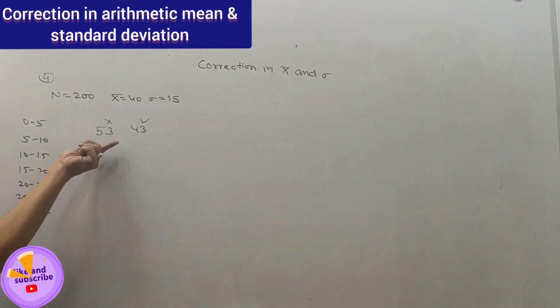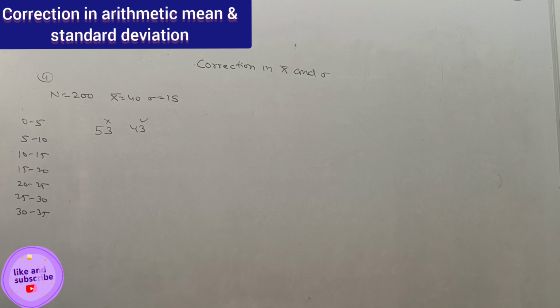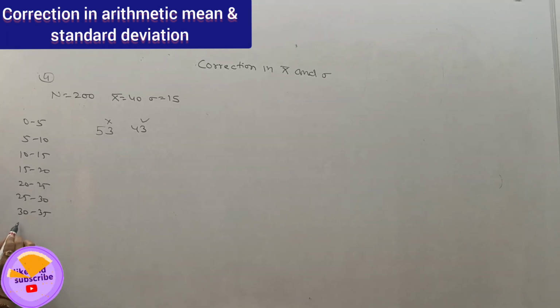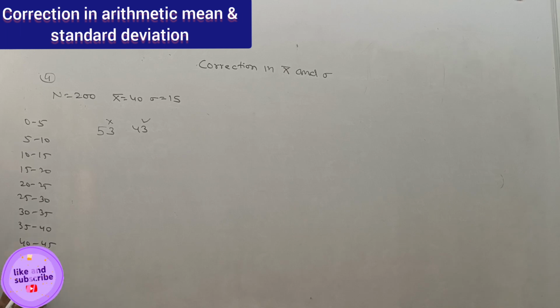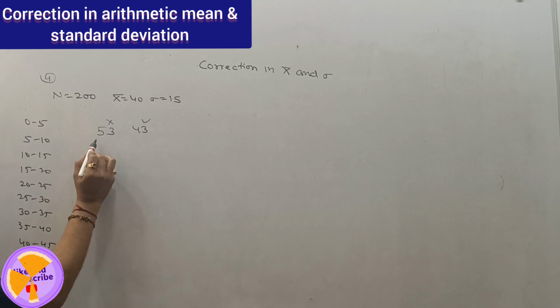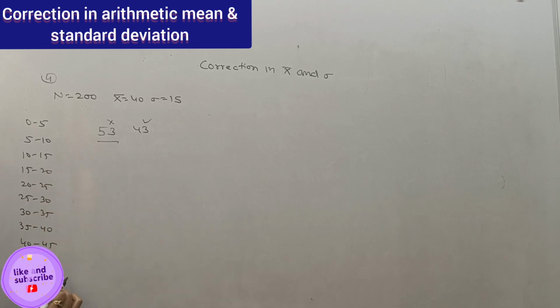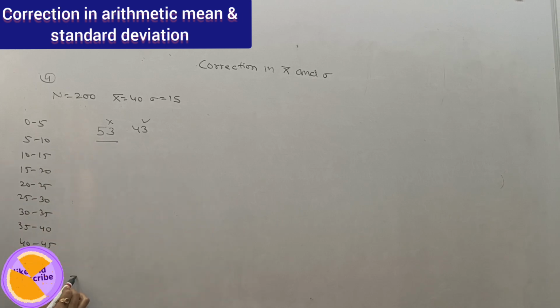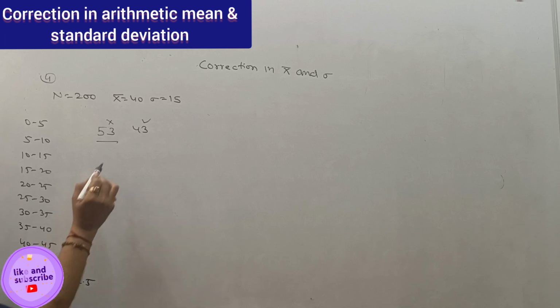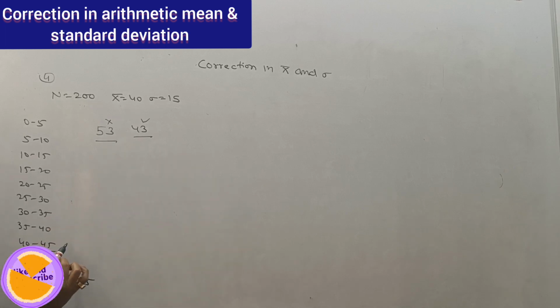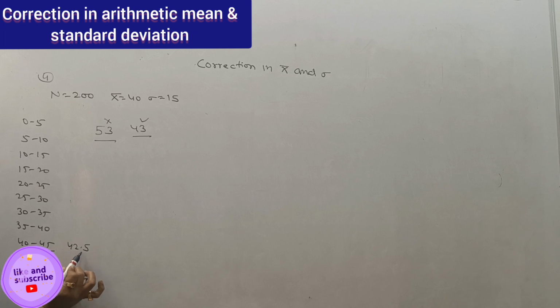Firstly, our value 53 lies in the class 50 to 55, so its mid value is 52.5. Our value 43 lies in the class 40 to 45, so its mid value is 42.5.